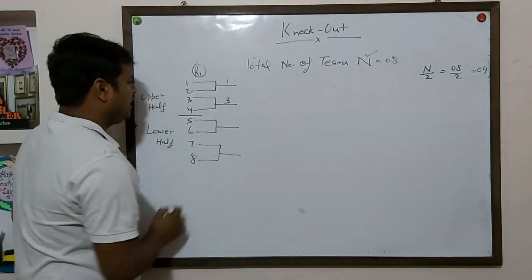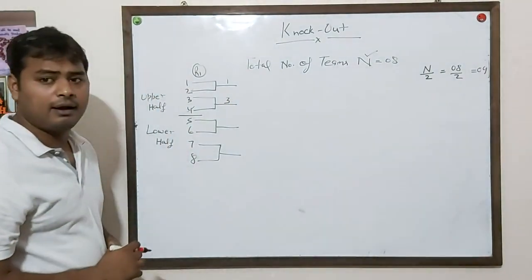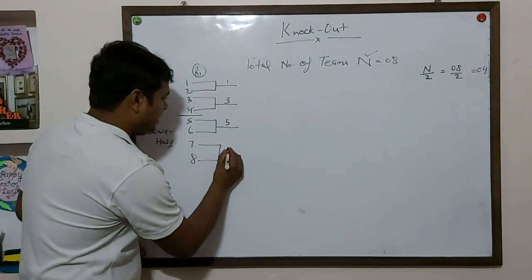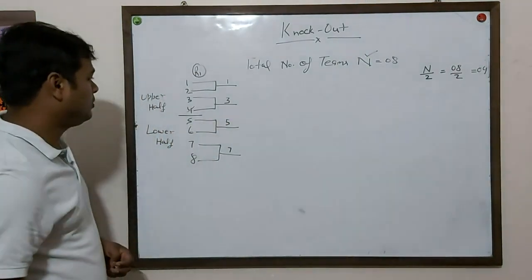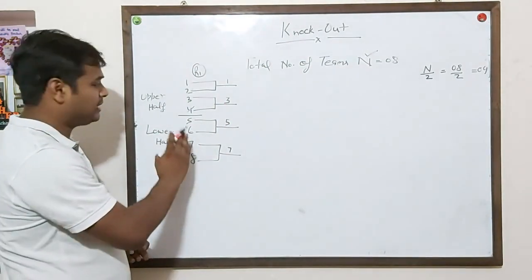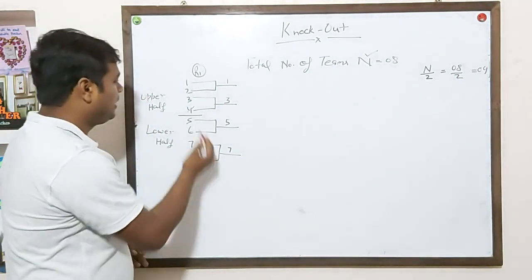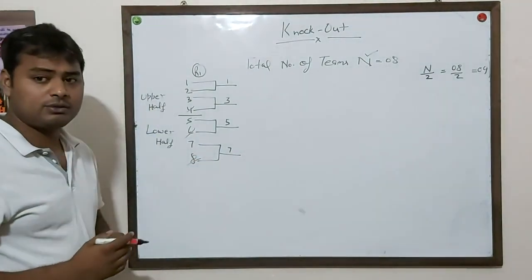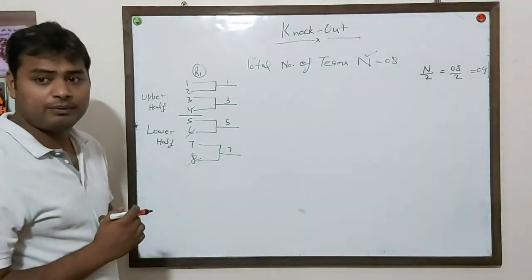Here 3 won, it means 4 is eliminated. Similarly here 5 and 7. Now you can see 1, 3, 5 and 7 won their matches, so they are proceeding to the next round. And 2, 4, 6 and 8 lost their matches, so they are eliminated from the tournament.